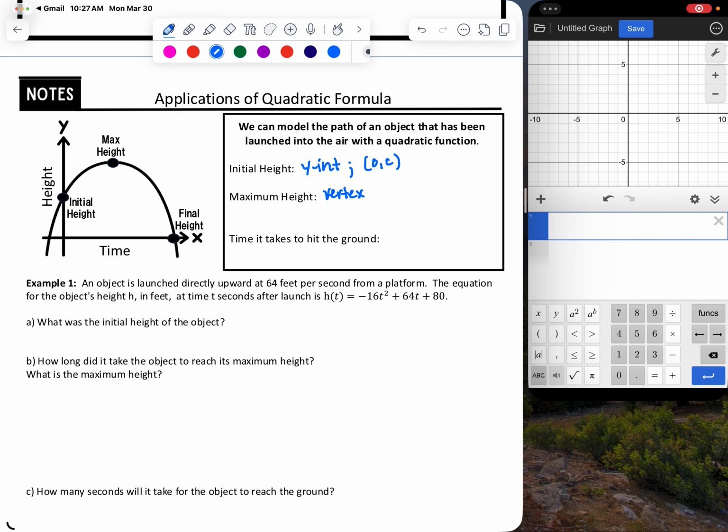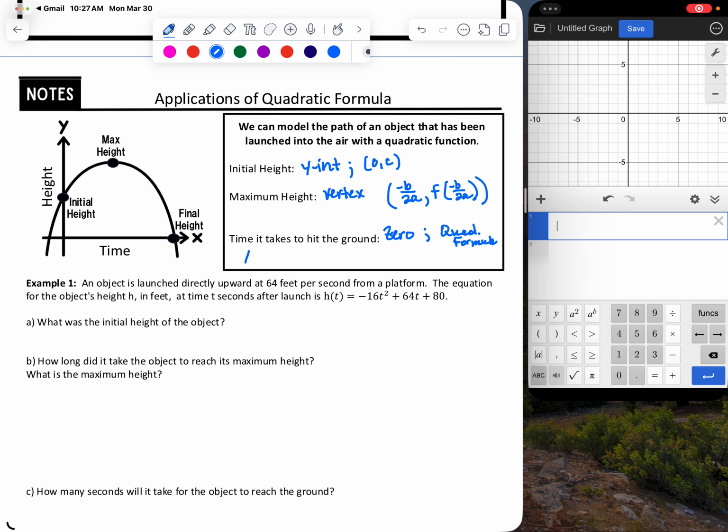And remember, to find the vertex of a parabola, we use the formula opposite b divided by 2 times a, and then f of opposite b over 2 times a. The time it takes to hit the ground, that is the zero of the function, and we must use the quadratic formula to find that zero.